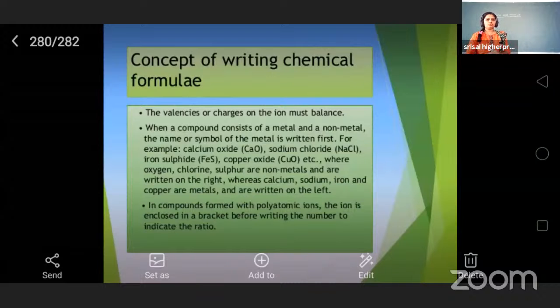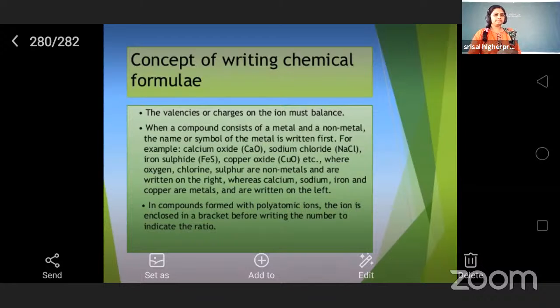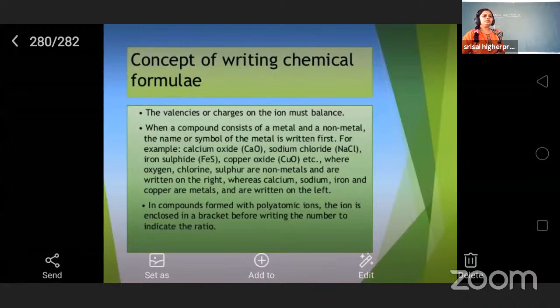Do you know or don't you know? Have you learned valency in 8th standard? If you don't know, there is no problem. I will tell you the valency number of all the elements. If you want to write the chemical formula, we need to know the valency number.